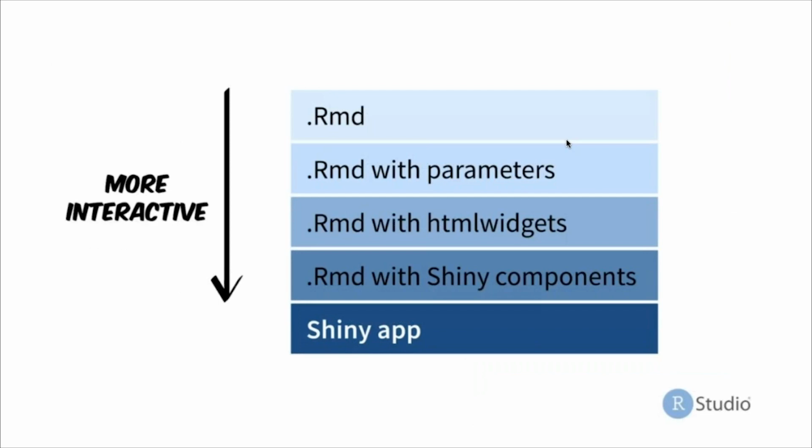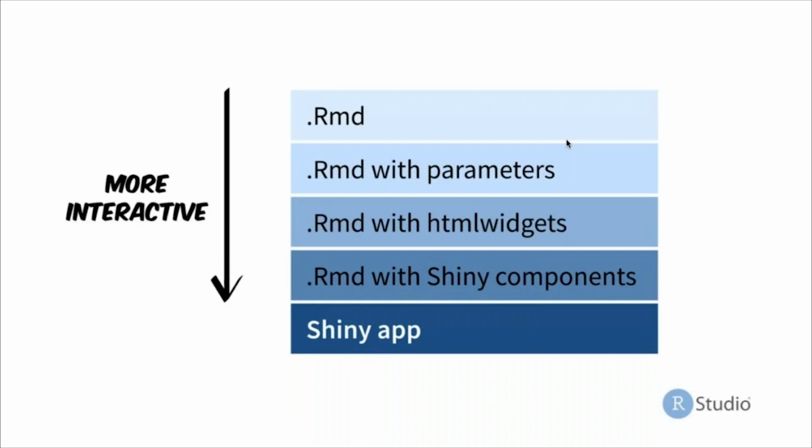So in this interactivity spectrum, Garrett made this case for thinking strategically about what level of interactivity your data product actually requires and meeting that level of interactivity with the type of experience that you want to deliver in order to communicate effectively.